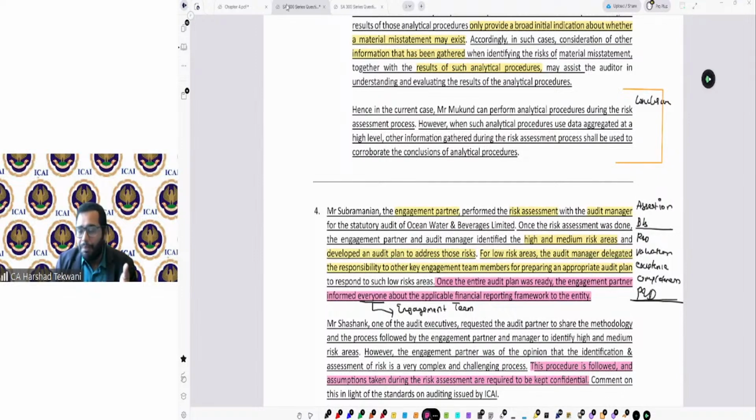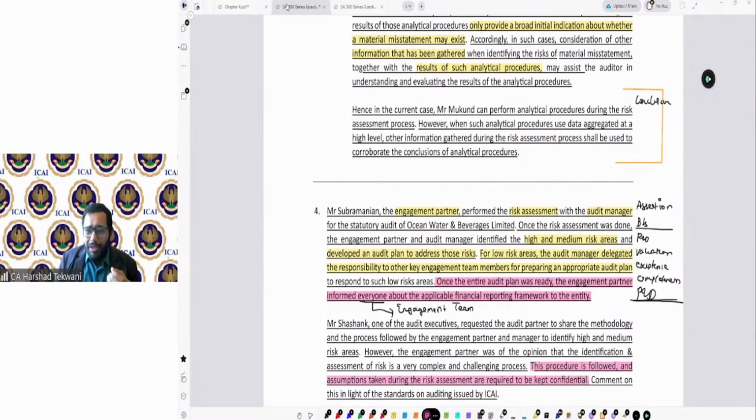share with the engagement team member, then how will the engagement team member come to know what the high risk is? Let's say tomorrow they identify something in their area while testing, but they don't have the knowledge why this area was marked high. In order to mark any area as a high risk area, you need to identify something. Why do you feel that's a high risk?